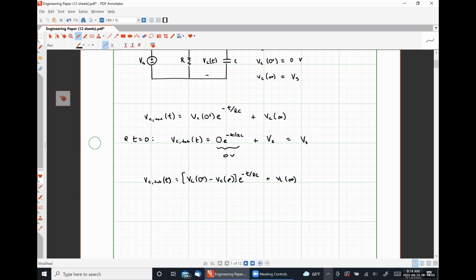Subtracting the forced response from the initial condition measured at t is equal to 0 plus makes this equation a continuous function in time.